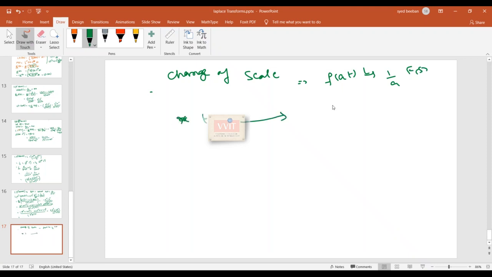Multiplication with t means d by ds of f of s. How many times you perform the multiplication, that many times you have to perform the differentiation, and at the same time multiply by minus 1 that many times. Similarly, division by t means the integral from s to infinity of f of s ds. So how many times you perform this division, that many times you need to perform the integration.